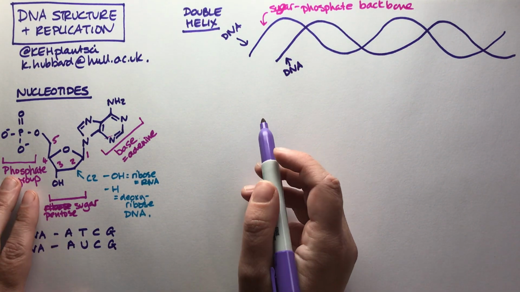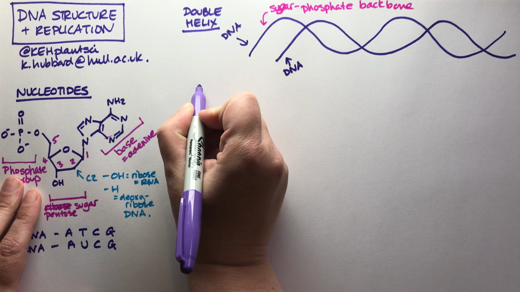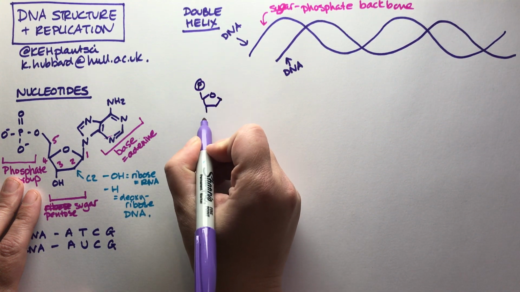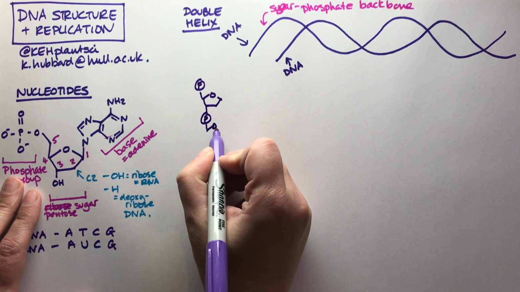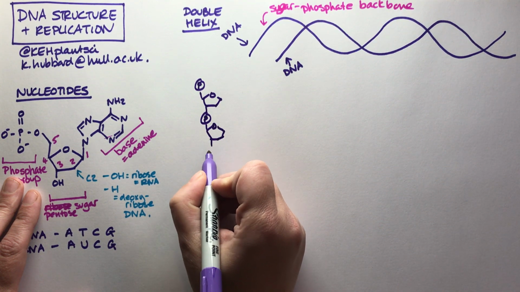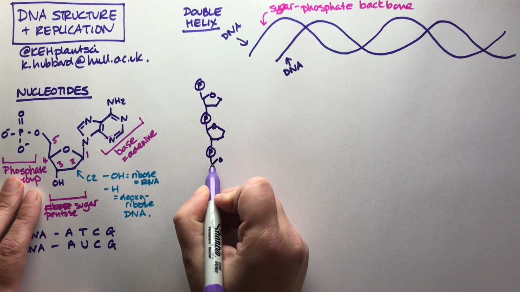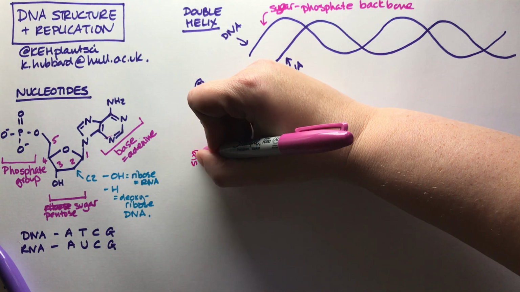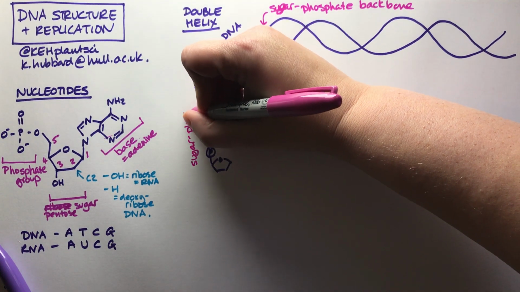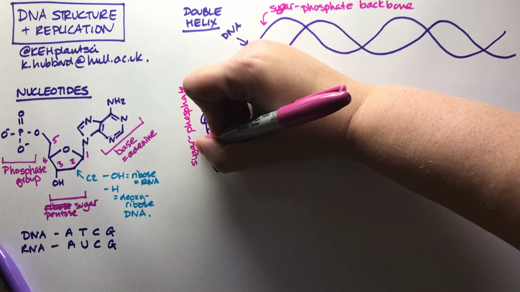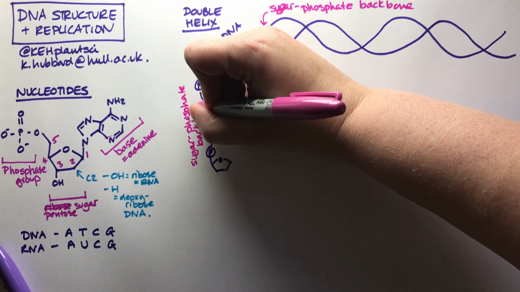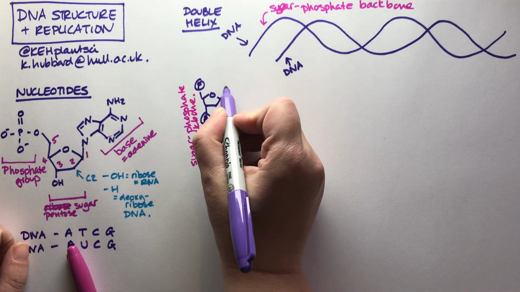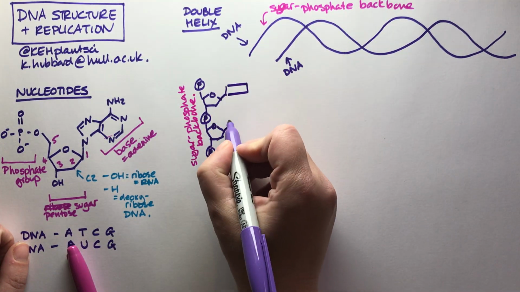Okay, so if I just draw this quickly, we've got a phosphate, we've then got, I'm not showing some of the detail, but the way that the nucleotides come together is like this. So we've got a sugar phosphate backbone. So the sugars and the phosphates bind together in a very regular arrangement. Okay, and then obviously if we look at the base, then the bases are sticking out like this.